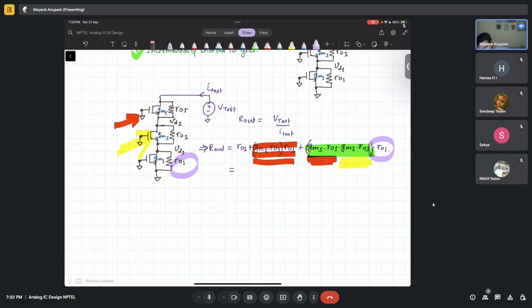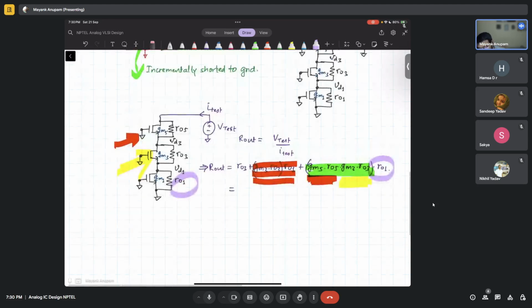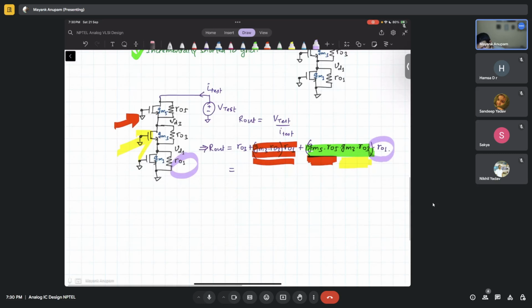R01 is getting amplified by the intrinsic gain of the MOSFETs which you are stacking on top of it, and that is becoming the net total R out which you are seeing. This is what I meant when I said that because of each stacking, you are simply improving the output resistance of your current source and making it a better and better current source.